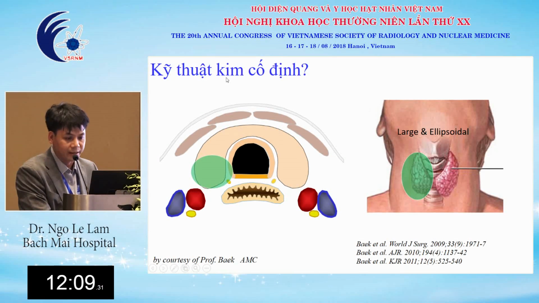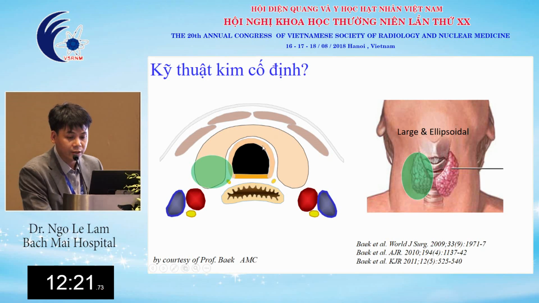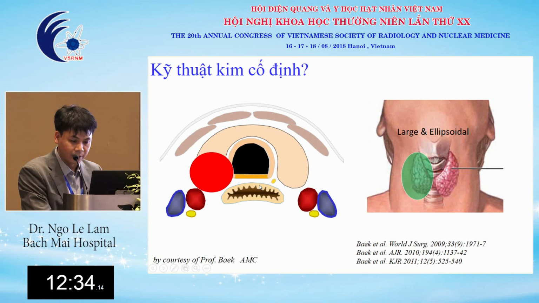So what is the difference between the moving technique and the fixed needle? Fixed needle ablation, we just apply for some other cancers like liver cancer. There we put the needle in and just burn it. But for the thyroid, there are a lot of other structures around it.